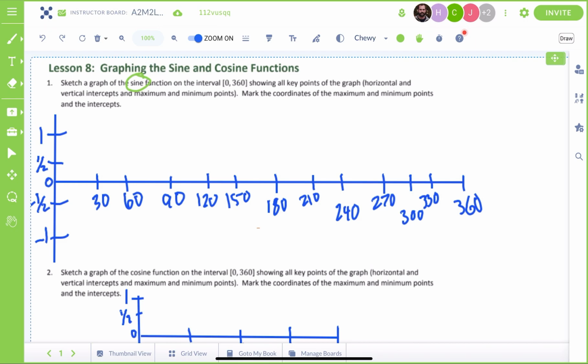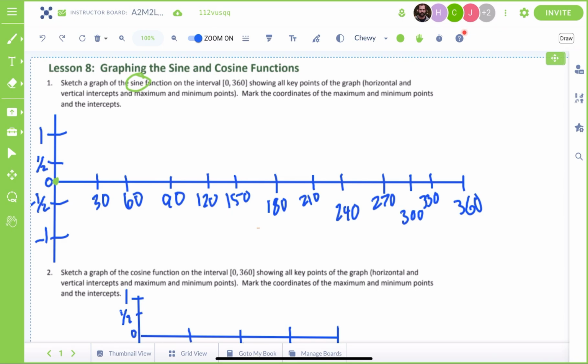What is the value of the sine when we're at 0? Well, we're still sitting on the x-axis, so our value is going to be 0. The sine is 0. We've not moved up any.